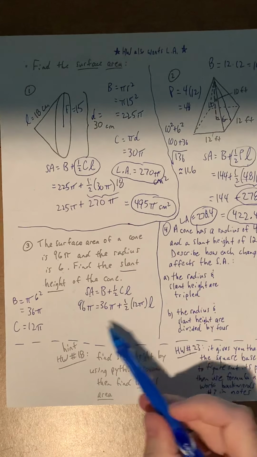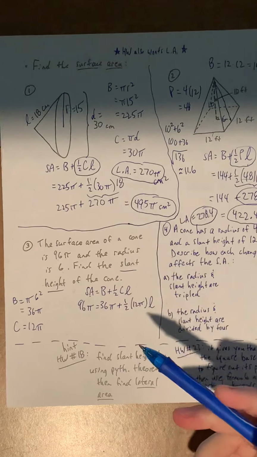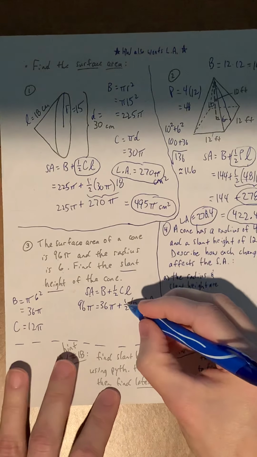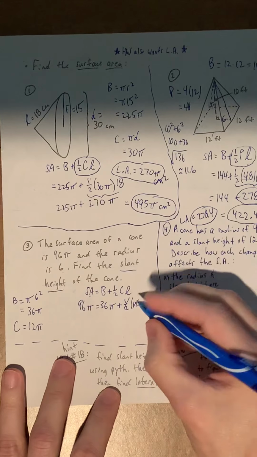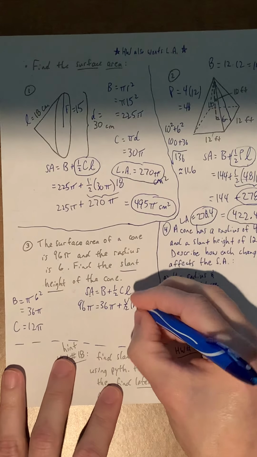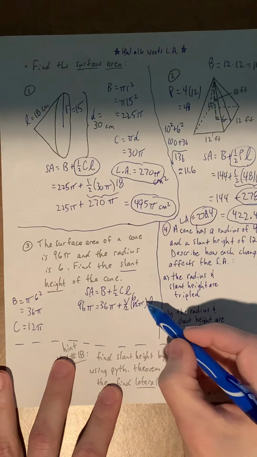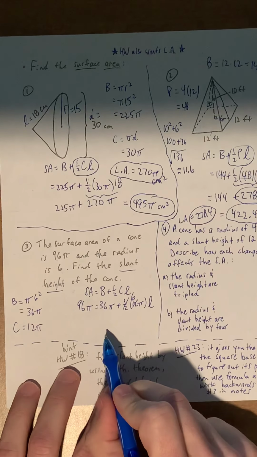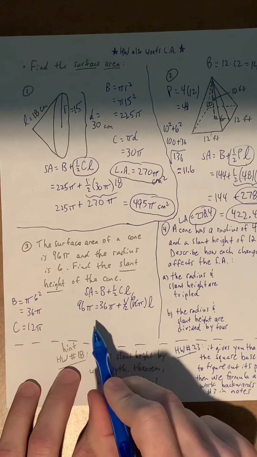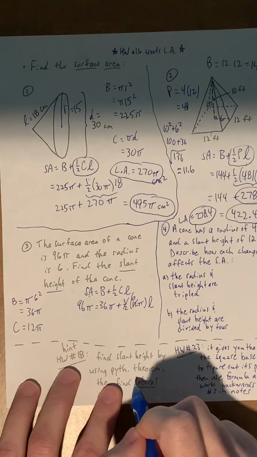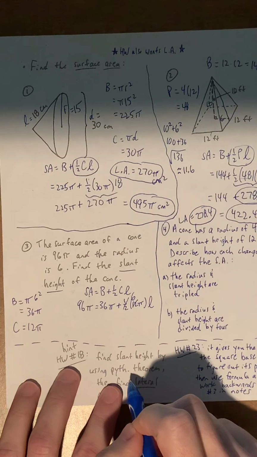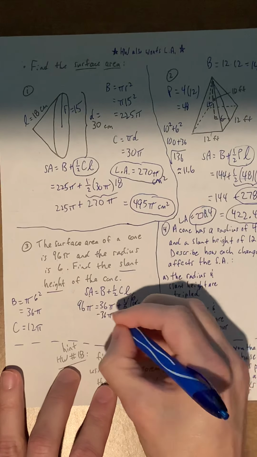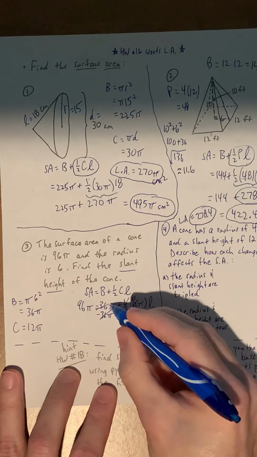Okay, there are a couple different ways you can work through this problem to get L. One thing you can do is take 1/2 of 12, which is 6. So this is 6 pi L. I'll go ahead and subtract 36 pi to get rid of that.